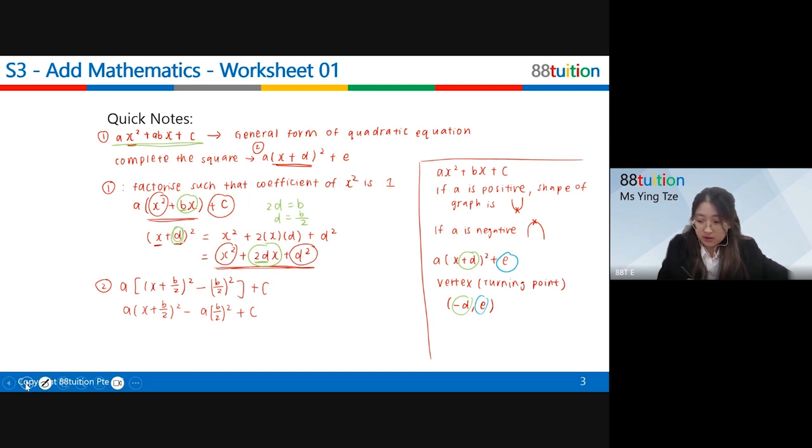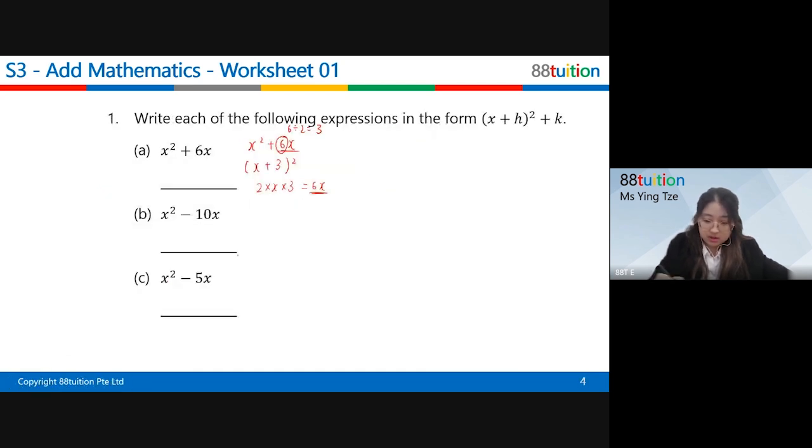Okay, so we can do some practice now. So over here, just now I went through the x plus 3. But then we still need to minus the 9, minus 3 square. Right. So to check, we go through.